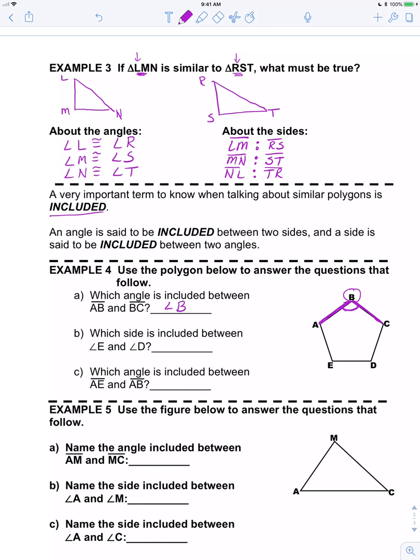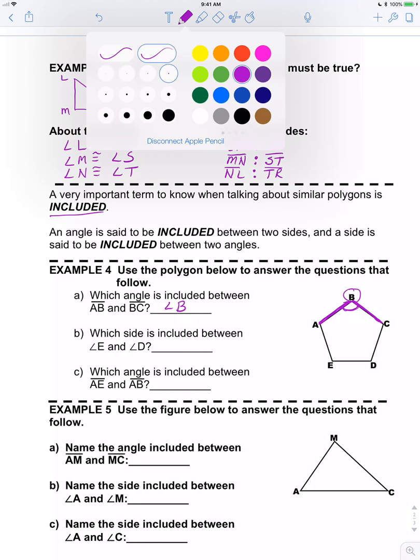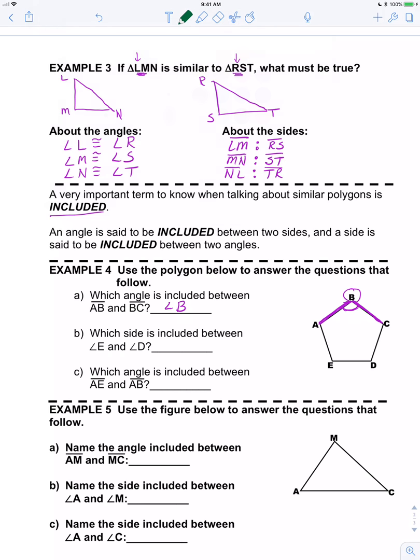All right, so which side is included between angle E and angle D? Well, let's go to a different color. If we have angle E here, and we have angle D right here, okay, well, what side do both of those touch?